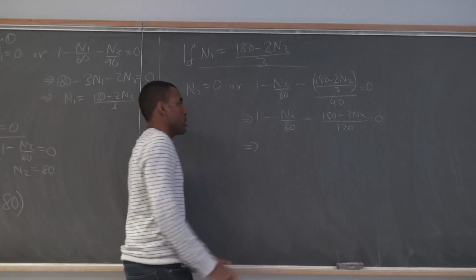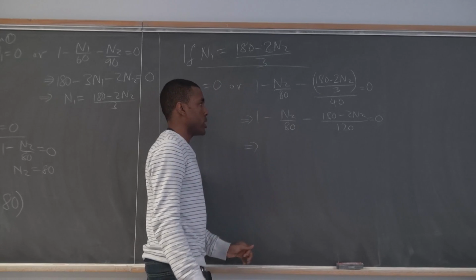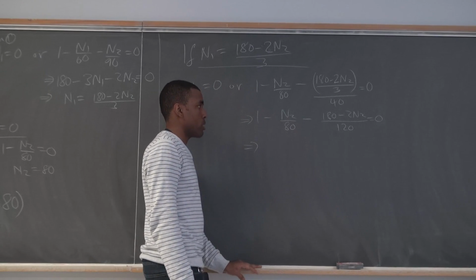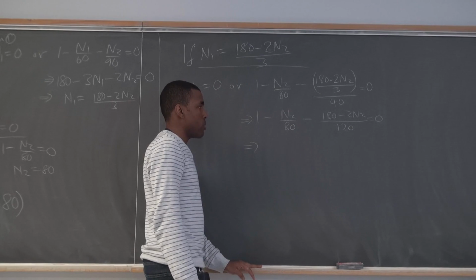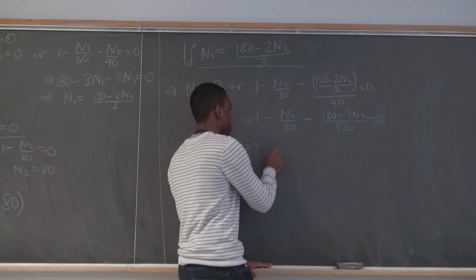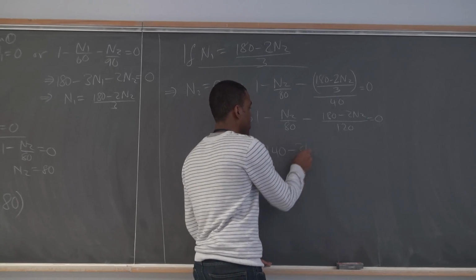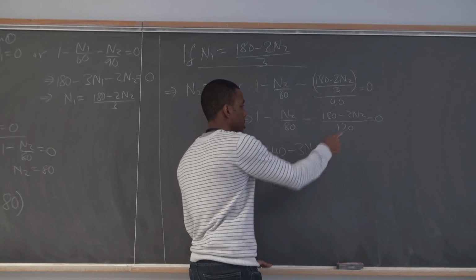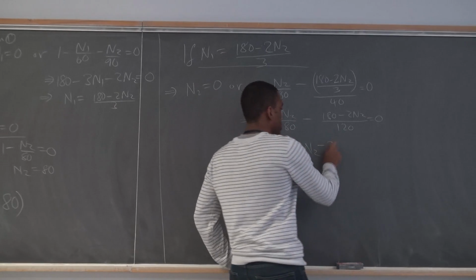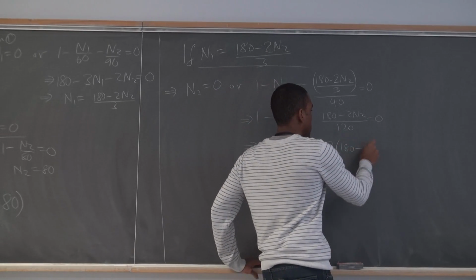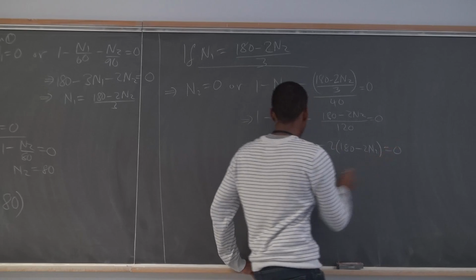And then we have to go and solve this whole equation. So that's the annoying part of this. You can multiply by what? 240. 80 into 240 goes how many times? 3. 40 into 240 goes 6 times, so it goes 6 times 180 minus 2 N2 equals 0.